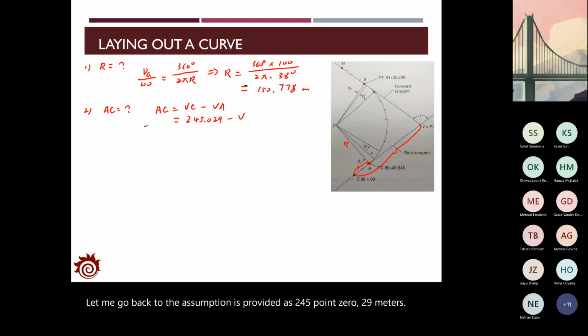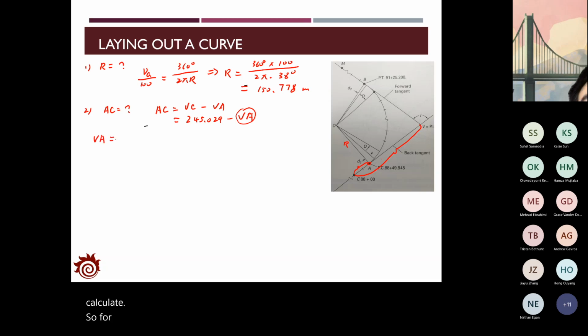And we don't know the value of VA. This is the one we have to calculate. For VA, we can use the angle of the arc and also the radius of the arc to do the calculation.